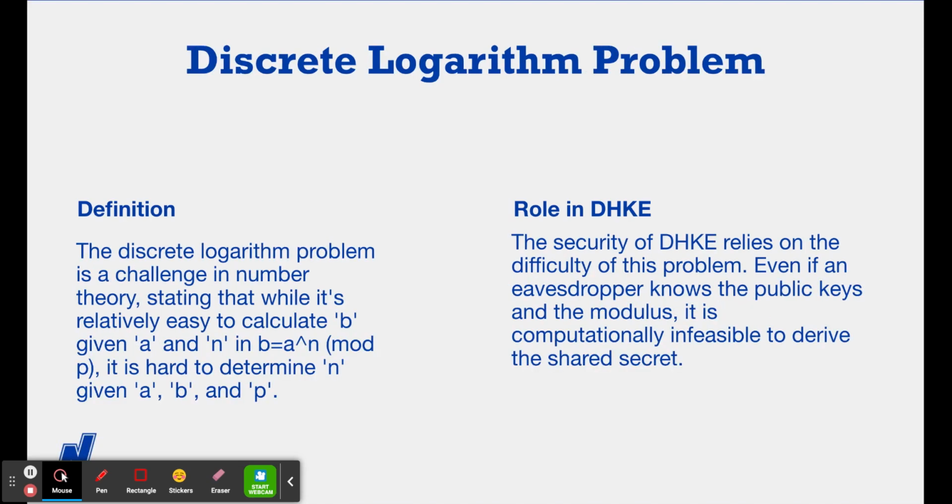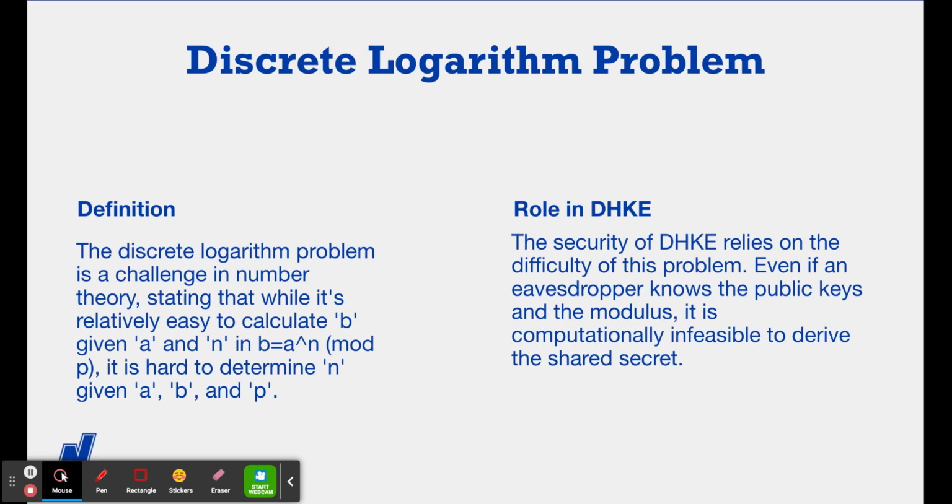Now we're going to talk about the discrete logarithm problem. The security of the DHKE relies on the difficulty of the discrete logarithm problem. This problem states that given a, b, and p, and an equation b equals a to the n mod p, it's easy to compute b if a, n, and p are known.